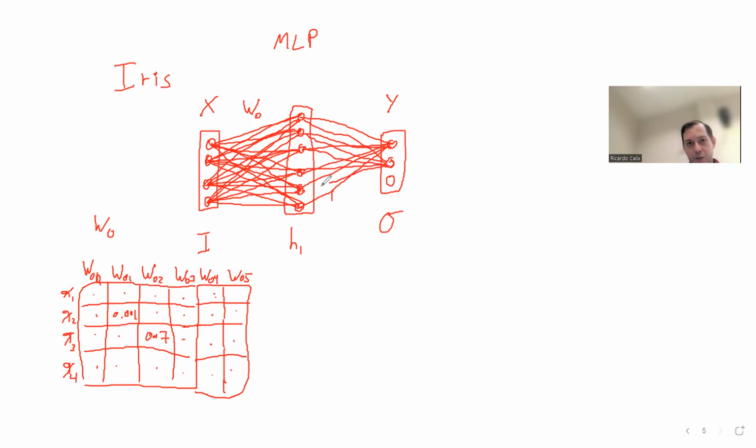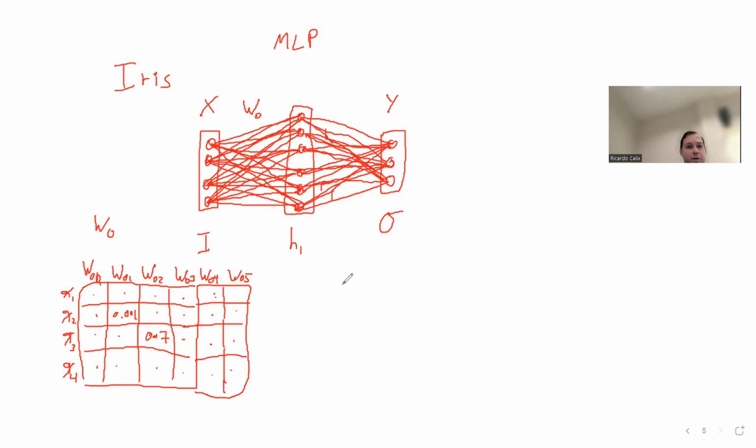As you can see, as this explodes in size, it becomes impossible to draw these. There you go. So that's a fully connected network, I'm only going to draw it one time.